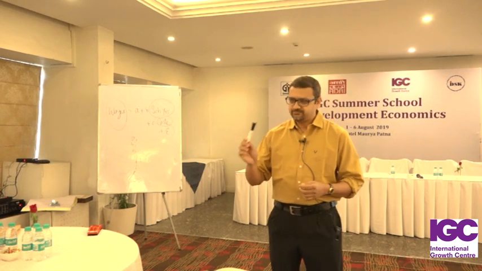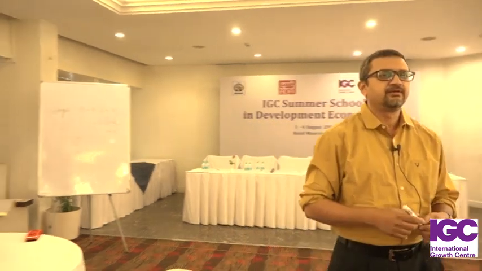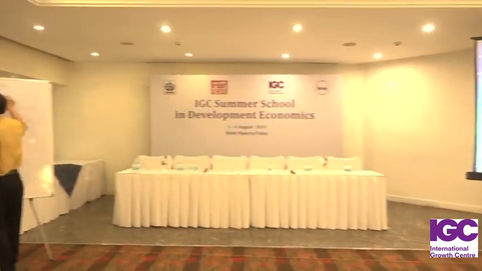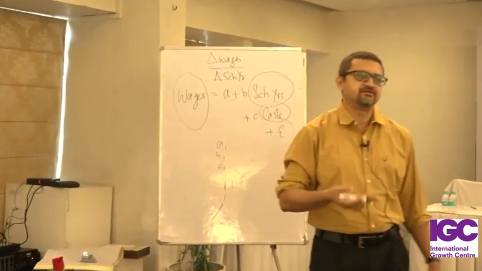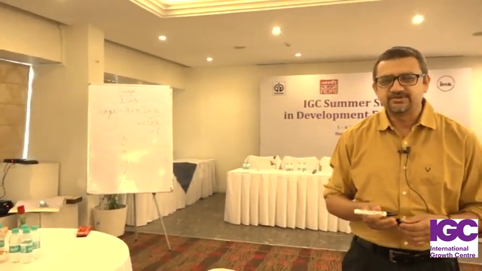Is that partly correct? Another way to say the same thing is that it will tell us how much one more year of schooling changes wages. So it's the same as saying what is the impact of, but is that complete?